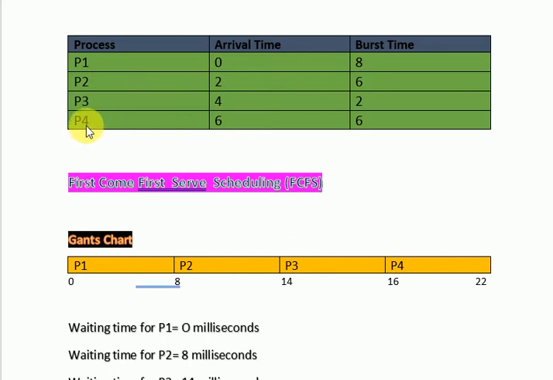In P4 the arrival time is 6 and the burst time is 6. Now we add 16 with 6, and the completion is at 22. It goes to the running state.